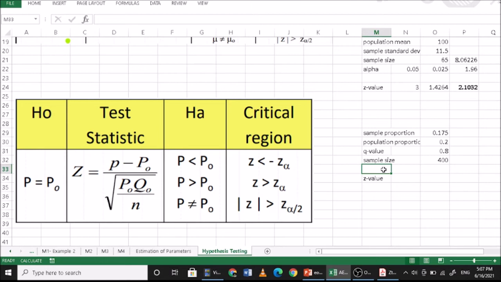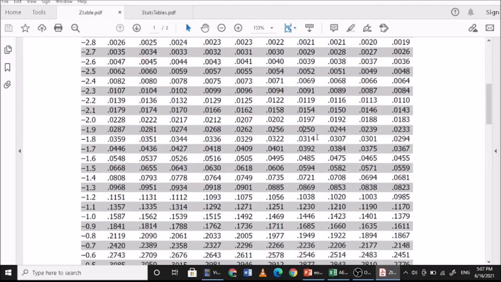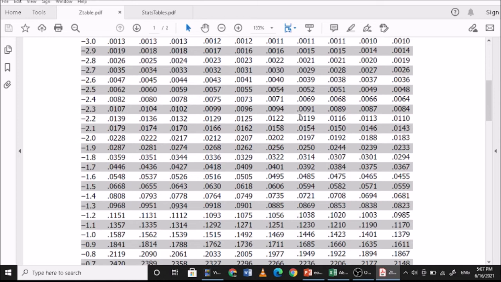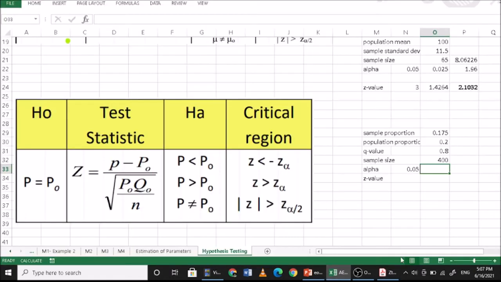The alpha to be used is 0.05. Okay, and since this is a one-tailed test, the critical value for 0.05 is 1.645.